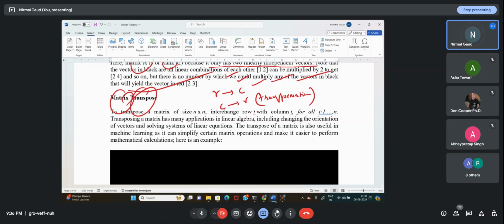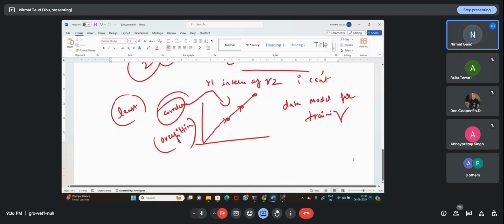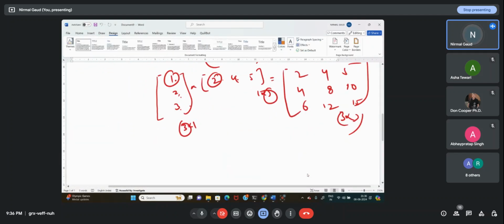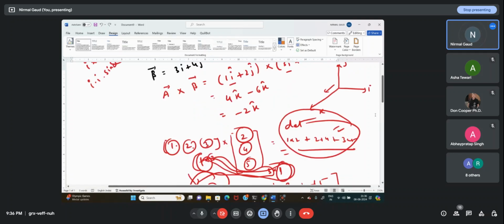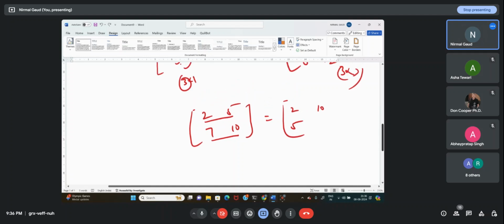Just like, if I write here in the sheet, if this is your matrix 2, 5, 7, 10, the transpose of this matrix will be: this is a row, put it into a column. This is a row, put it into a column.